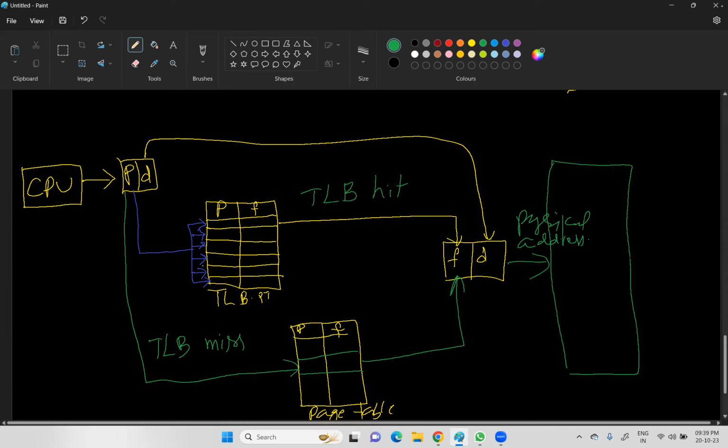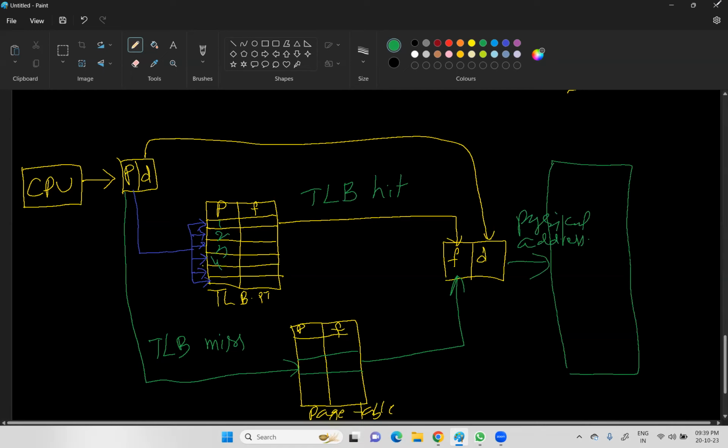It will directly go to that particular case label, execute and go for next statement. As like as that in TLB page table also, directly it will check that particular page number. For example, if I wanted to execute page number 1, page number 2, page number 3, page number 4, it should not be searched from page number 1 onwards.